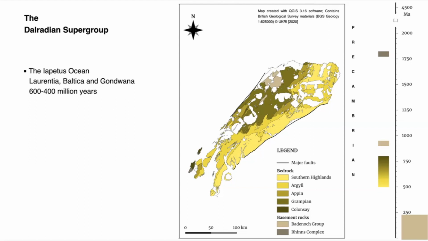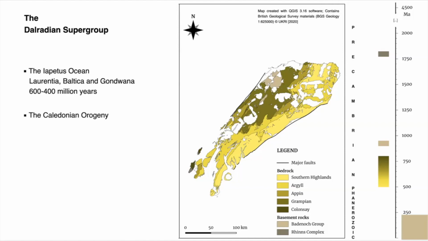The closure of the Iapetus Ocean around 500 million years ago generated a magnificent orogenic event, the Caledonian orogeny, which, similar to the other orogenies that preceded it, for example Grenville, consisted of several individual orogenic events.